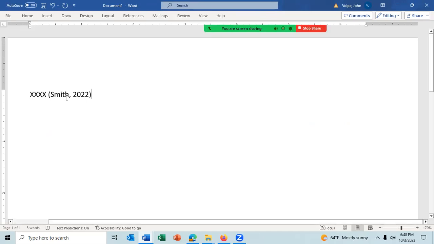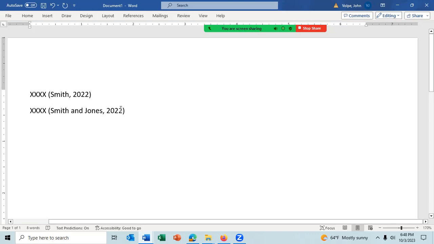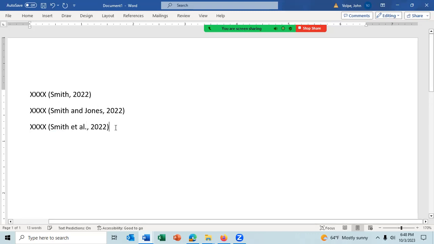If ever there's 2 authors, you do something like Smith and Jones, and then give the year. If ever there's more than 2 authors, you go Smith et al., period, and then give the year.